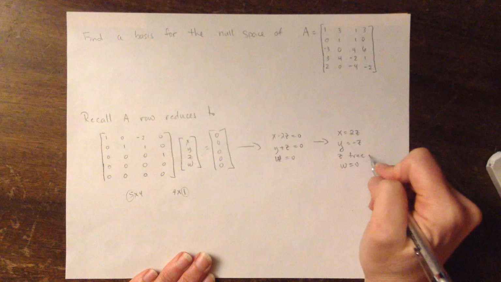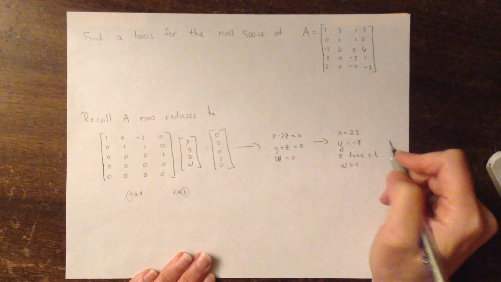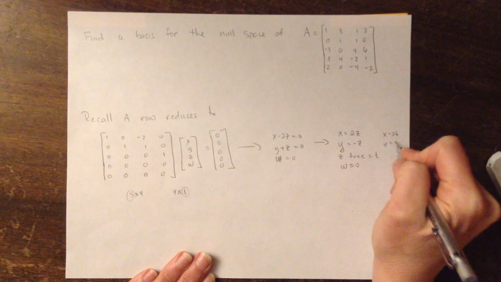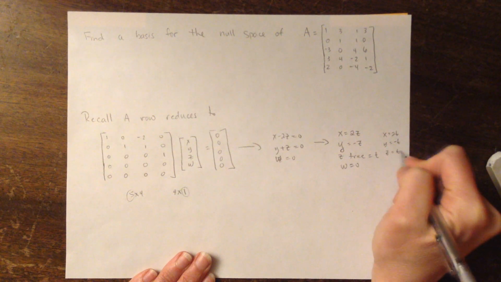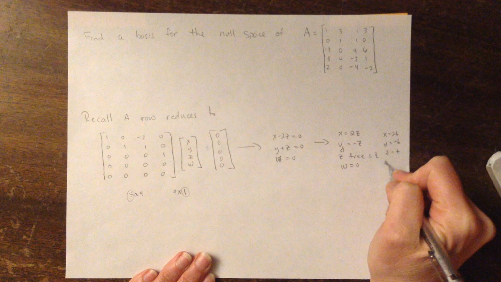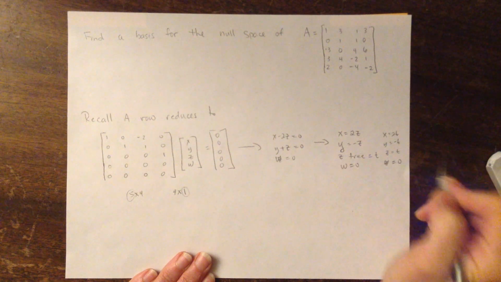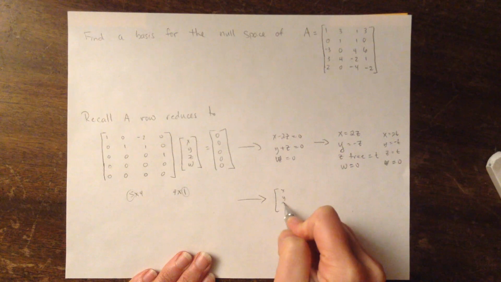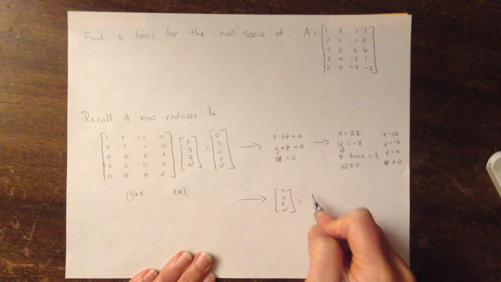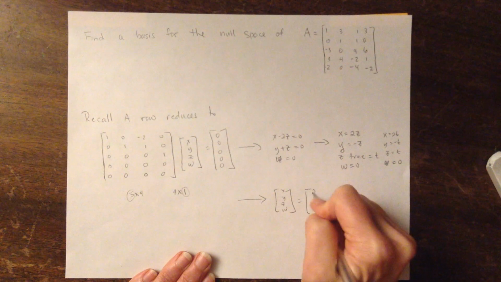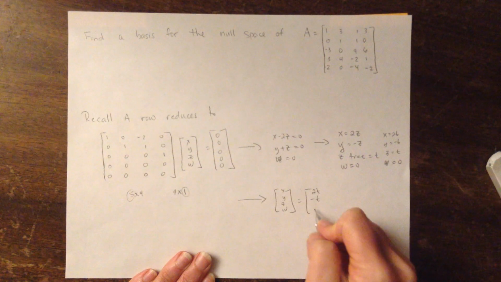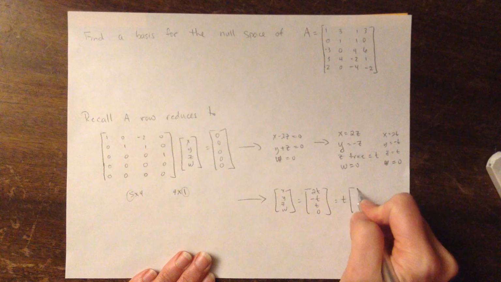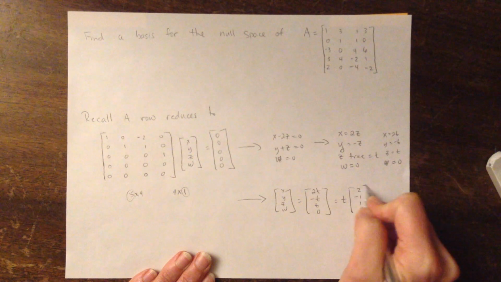So I'm going to call z equal to t, so that I'd have x equals 2t, y equals negative t, z equals t, and w, I keep calling w z, equals 0. So all of my vectors x, y, z, w look like 2t, negative t, t, and 0, from which I can factor out that t, and I get 2, negative 1, 1, 0.